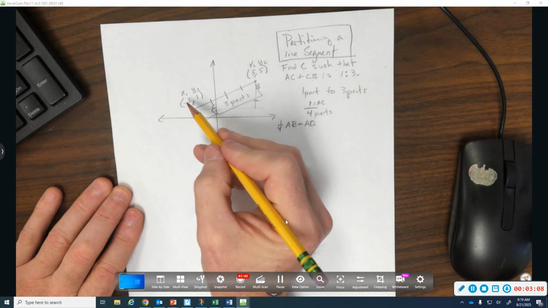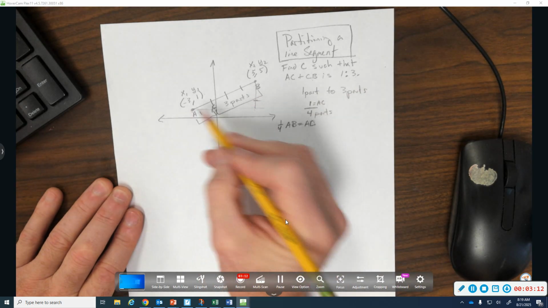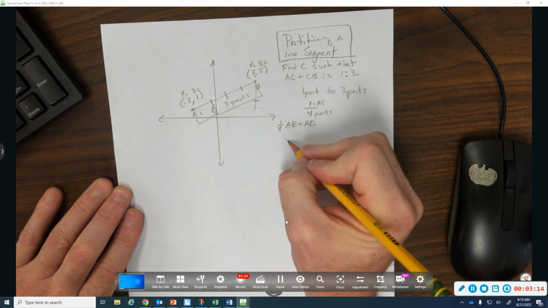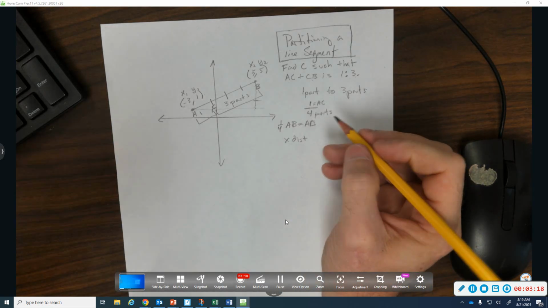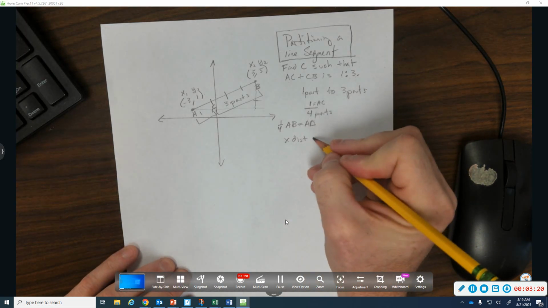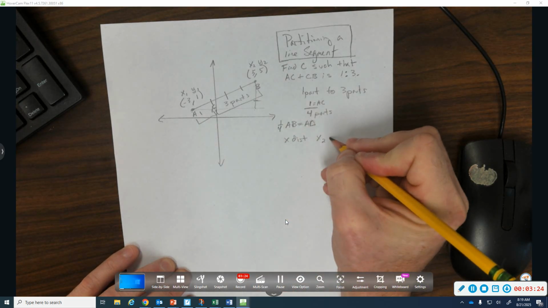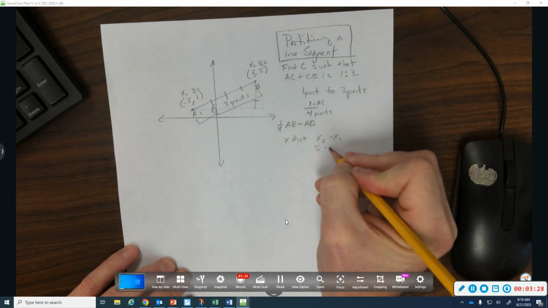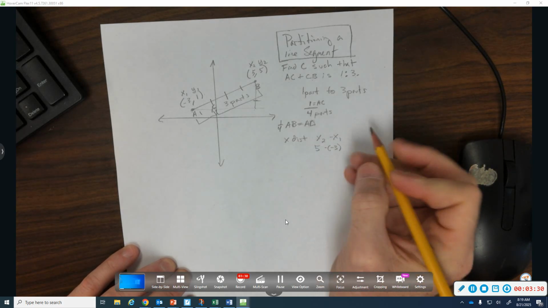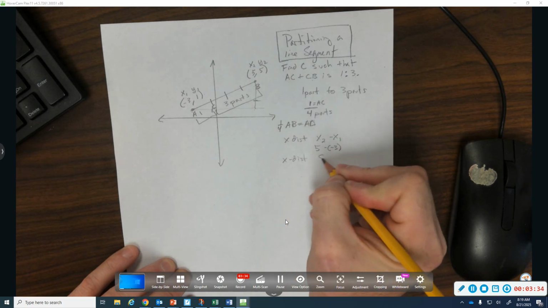So what is my x distance? I need to figure out the x distance, and I'm going to go 1/4 of that. So my x distance is just x2 minus x1, right? Or 5 minus -3, which of course gives me an x distance of 8.